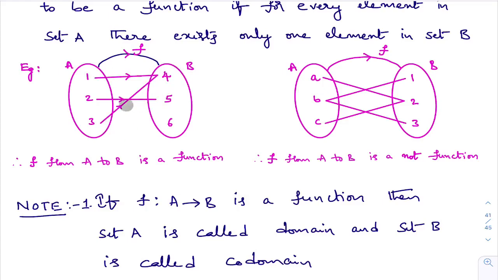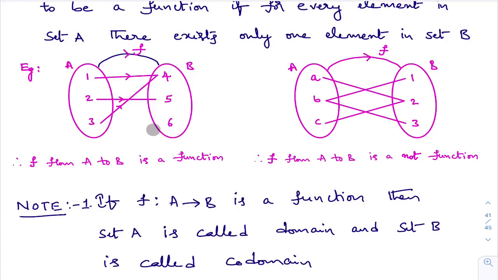Pre-image of 5 is 2. Pre-image of 6 is not defined in this case. I am trying to explain what is image and pre-image.